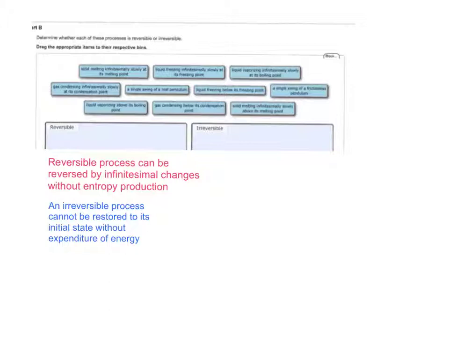If we take the first one, a solid melting infinitesimally slowly at its melting point, we see that this is a reversible process because it occurs at a constant temperature. This is a phase change in which both phases are in equilibrium.